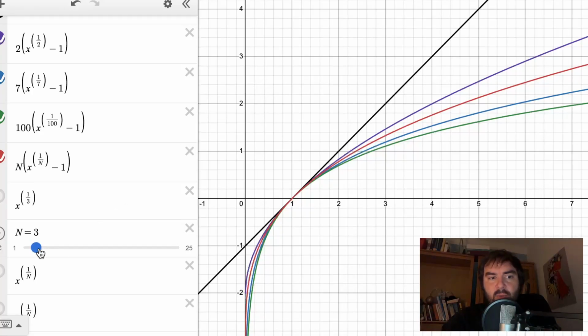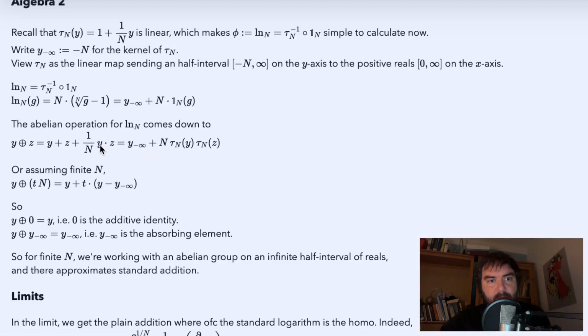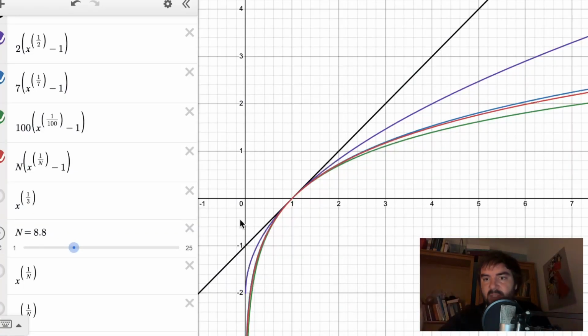And of course, if you go with n to infinity, then the operation that we had here just becomes 0, and eventually the addition on the group structure on the y-axis just becomes addition, and then the whole thing just looks like the real numbers with addition.